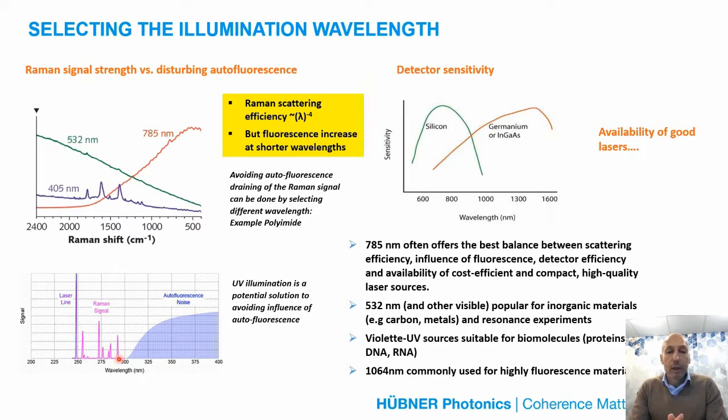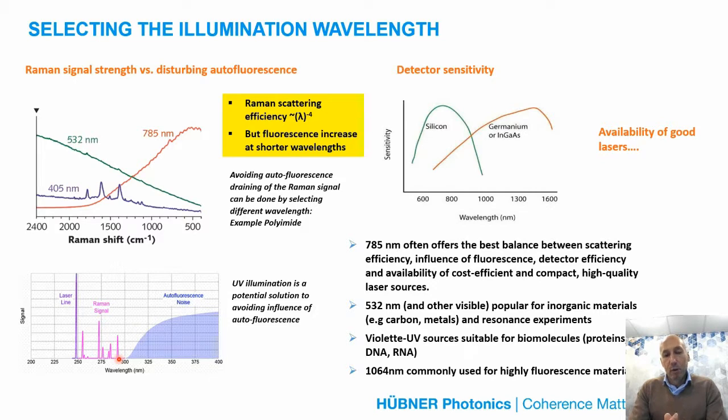scattering efficiency, influence of fluorescence, detector efficiency, and here there is also a good availability of cost-efficient, compact and high-quality laser sources. 532 nanometers or other visible wavelengths are becoming more and more popular for inorganic materials such as carbon, metals and so on, and also for resonance experiments.